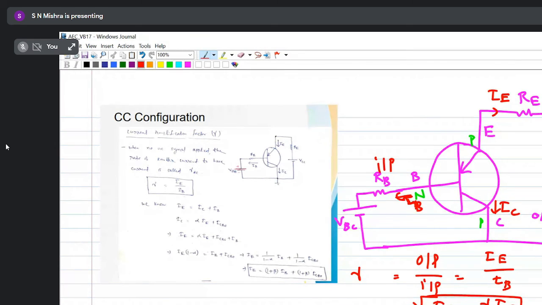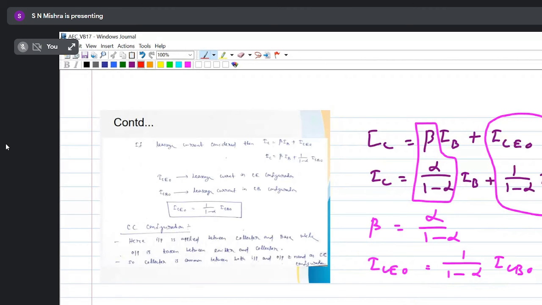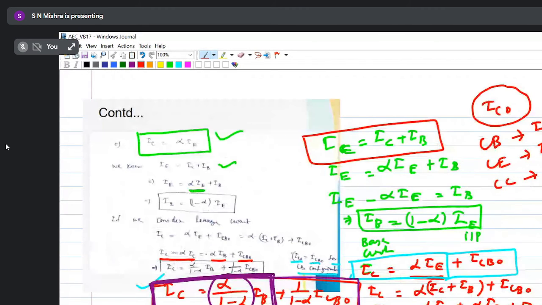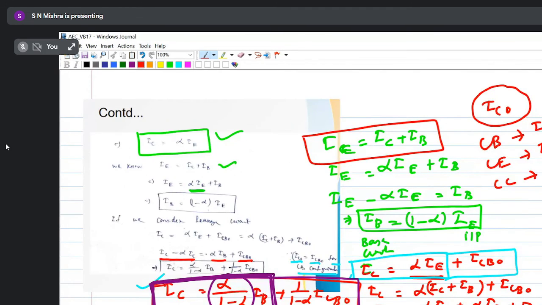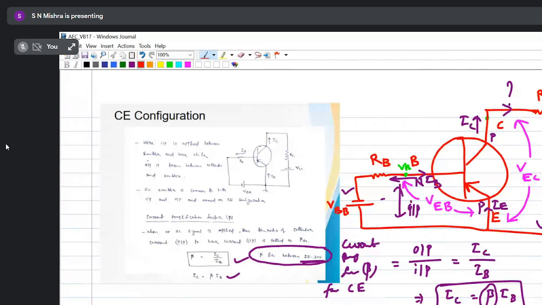Okay. From the first to last, what I have explained is output in terms of input. For common base, IC in terms of alpha IE, that means output in terms of some factor times input. Similarly for common emitter, this is my output, this is my input.